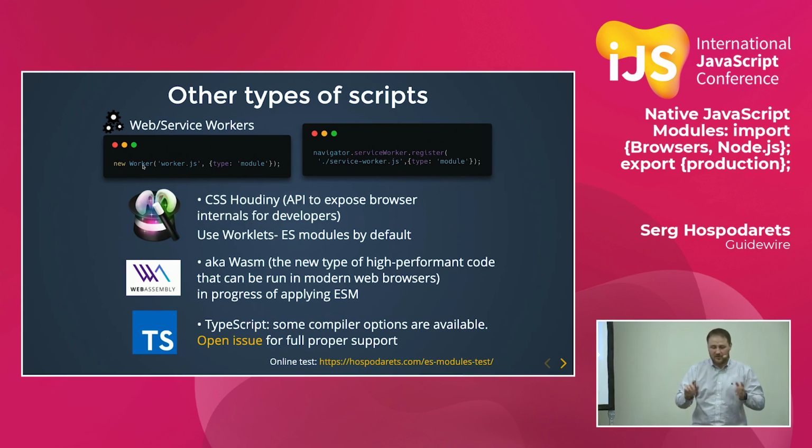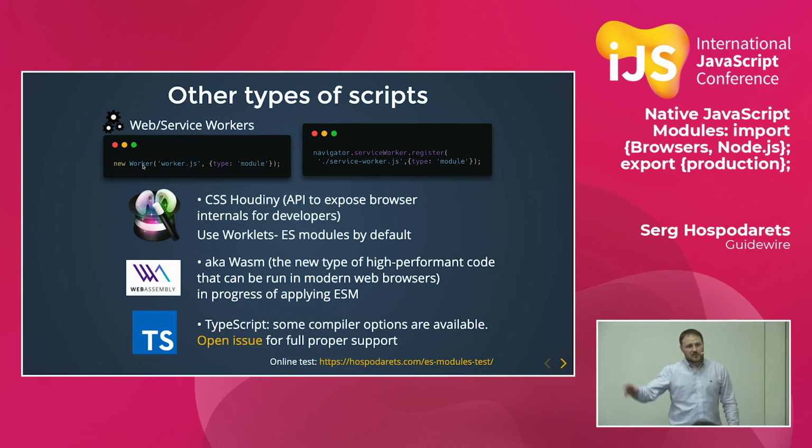Usually it takes half a year, whatever. CSS Houdini is an attempt to say, okay, you want to define some CSS API or CSS property, there is an API, how it works, and the browser will work with this. So it's very high performance scripts all together, an API to expose browser internal things for us developers. They use worklet, which is ECMAScript modules by default, because by design it was done this way.